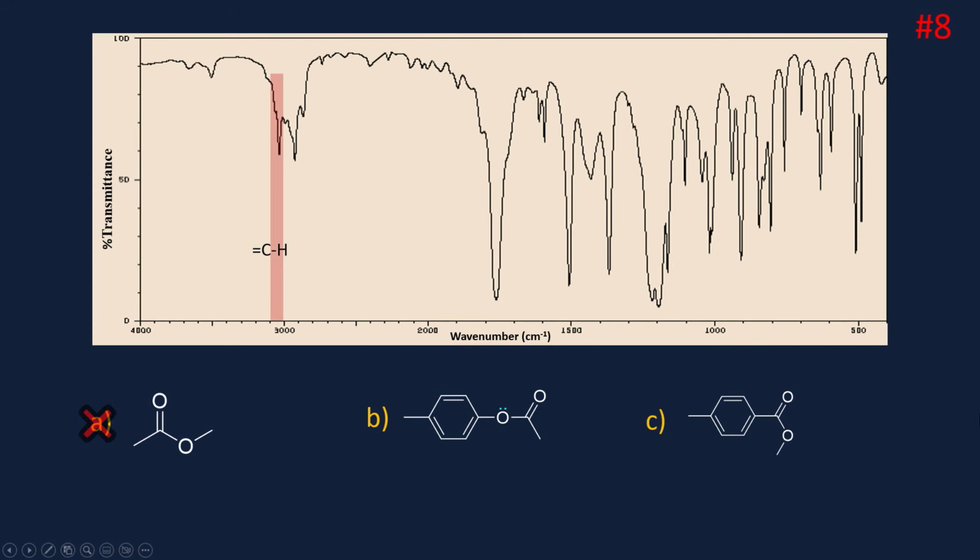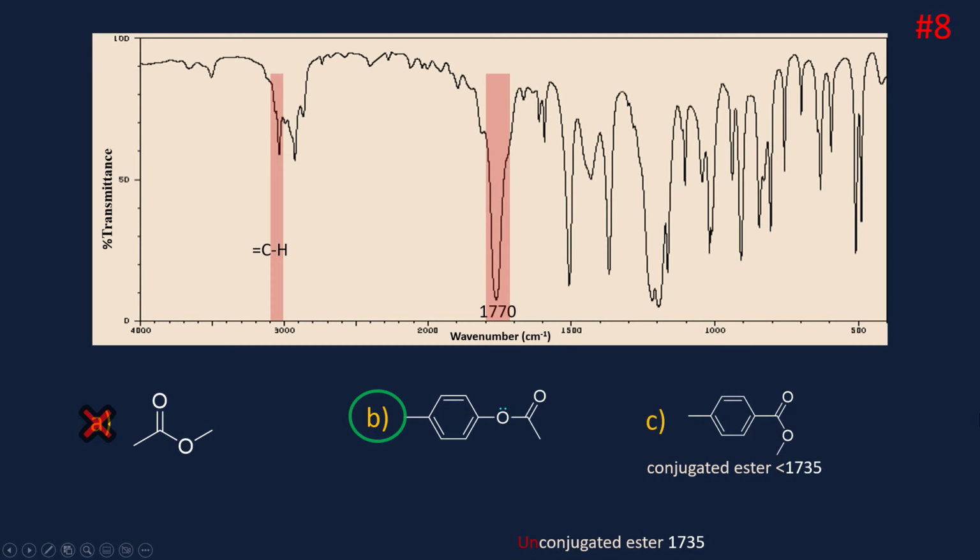And we know that conjugation decreases the double bond character and therefore the wave number. But look here, it's way greater than normal. The unconjugated ester carbonyl band is located at 1735, but here it's much higher. So we are left with choice B, but why is the wave number high?